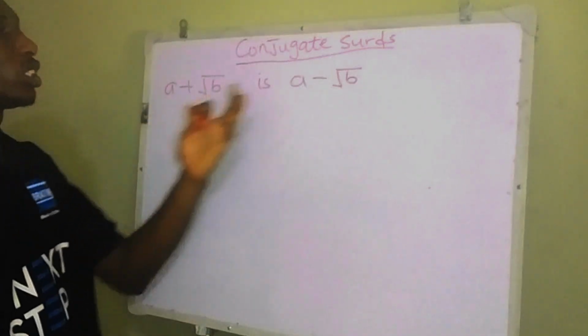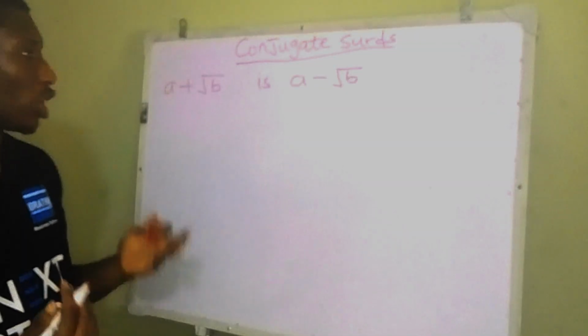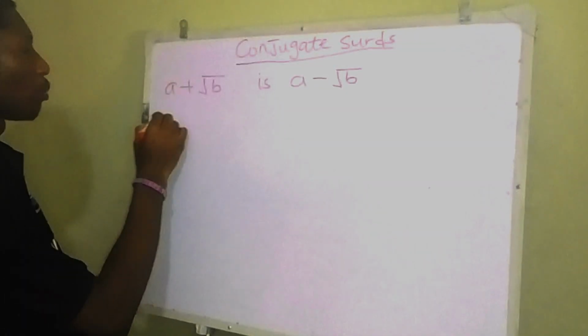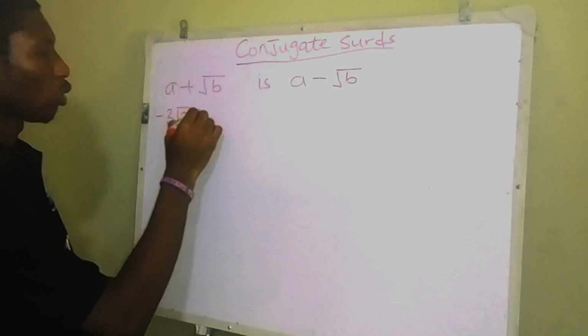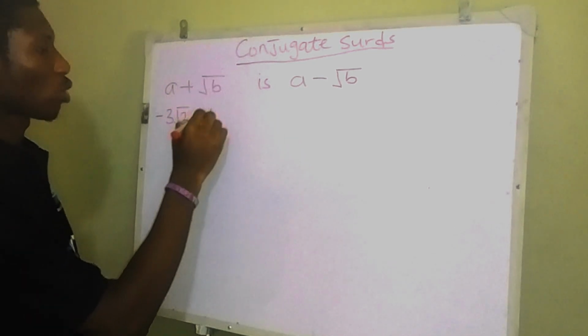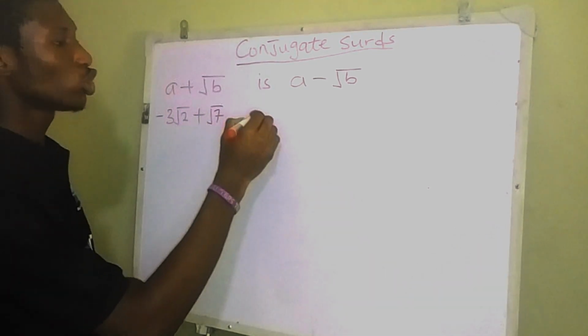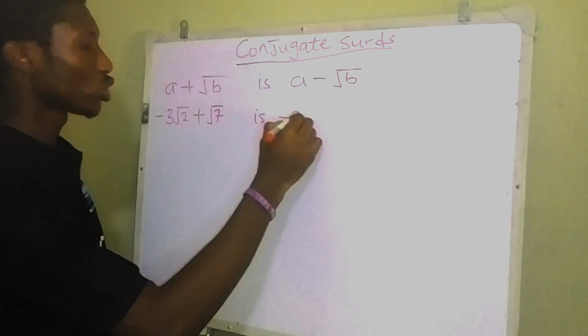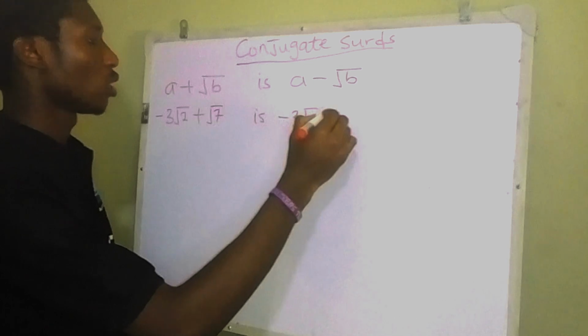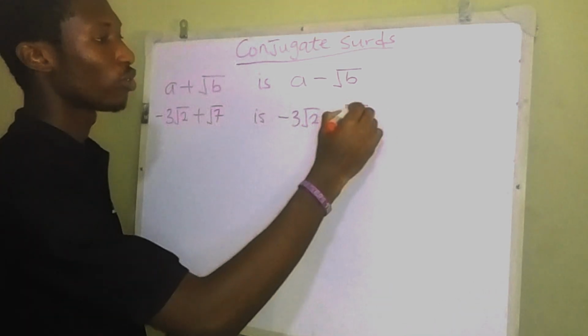This is the conjugate of this expression. If you have another expression, let's assume minus 3 square root of 2 plus square root of 7, its conjugate is not plus 3, but minus 3 square root of 2 minus square root of 7.